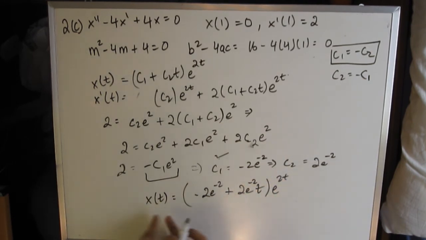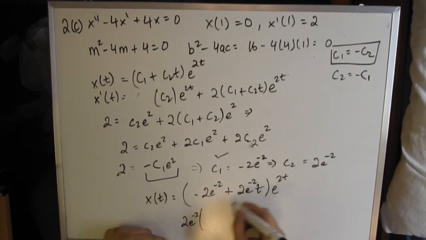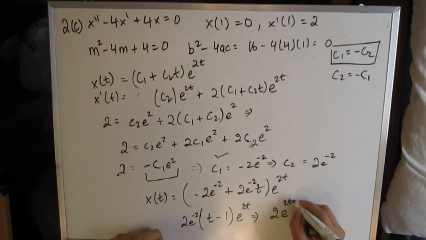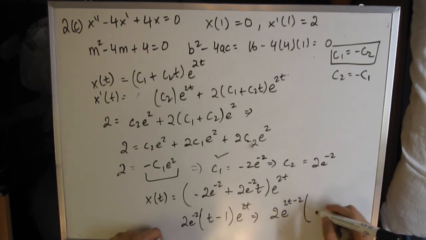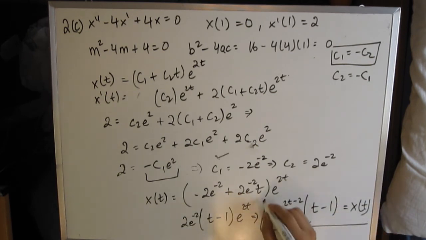We're going to take 2e to the negative 2 outside, so we'll have t minus 1 here, times e to the 2t, which means you can combine these two e's. So you get 2 e to the 2t minus 2, all multiplied by t minus 1, and that's your basic x of t for 2c.